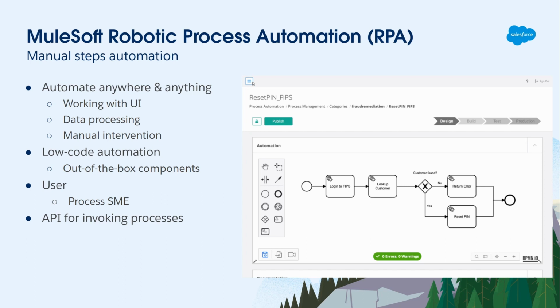Again, this is a low-code automation tool, so you do not actually write a lot of code. Mainly you are configuring toolbox components, for example, image processing or mouse clicks, keyboard keystrokes, etc. It's pretty amazing that you can provide an example to the component that you are configuring, for example, image processing.